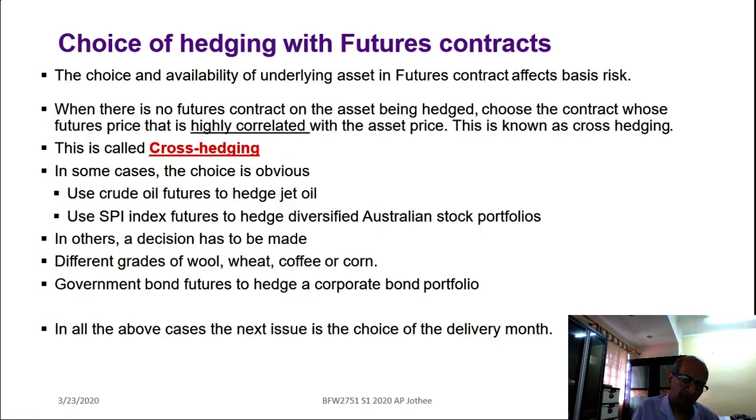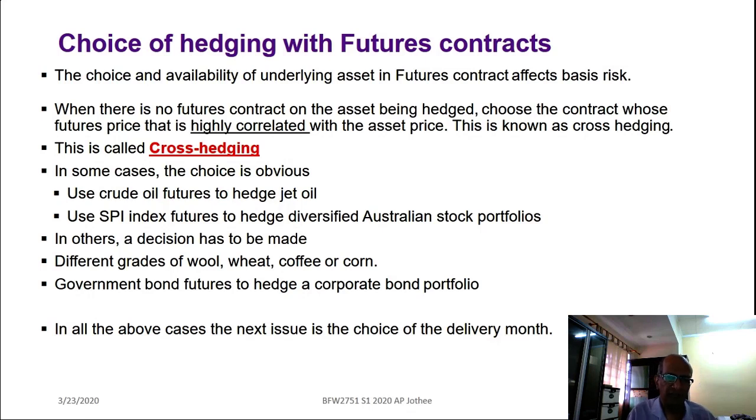So and so on. In all the above cases, the next issue is the choice of the delivery month. One, we are talking about the commodity mismatch. The other thing is whether both have the same delivery month. Let's say you have an idea of purchasing jet fuel in May, and there's no futures for jet fuel, so you may choose maybe crude palm oil.